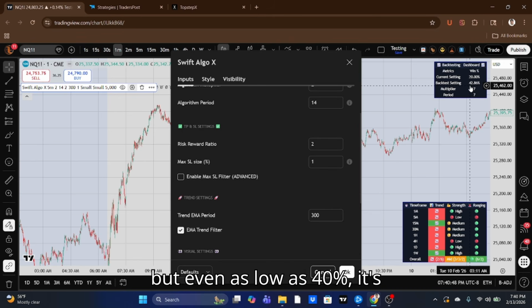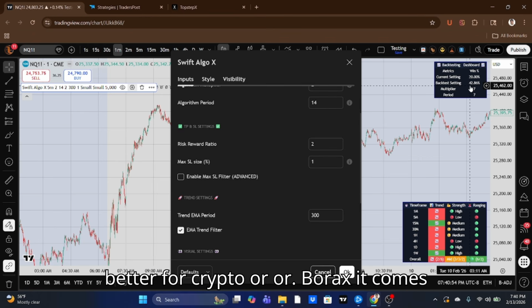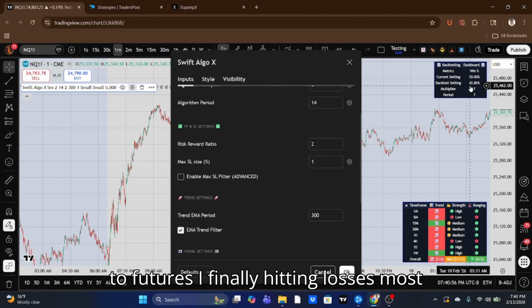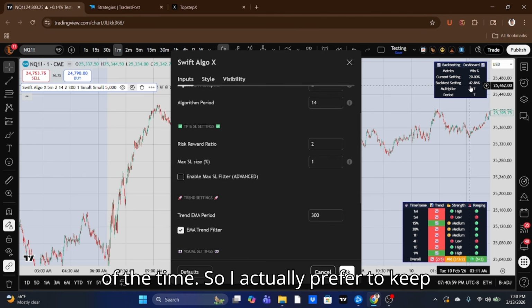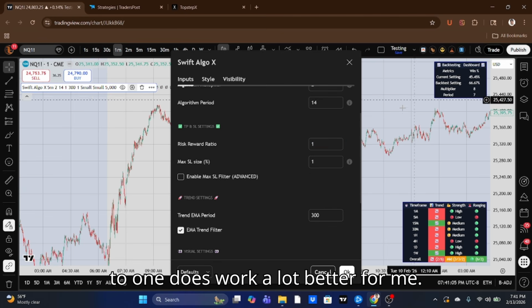Even as low as 40% is still pretty good, but that's probably better for crypto or forex. When it comes to futures, I find it hitting losses most of the time. So I actually prefer to keep this as a 1-to-1. I find 1-to-1 does work a lot better for me.